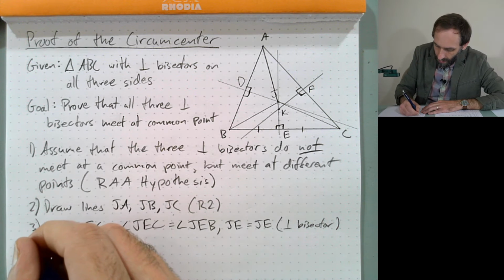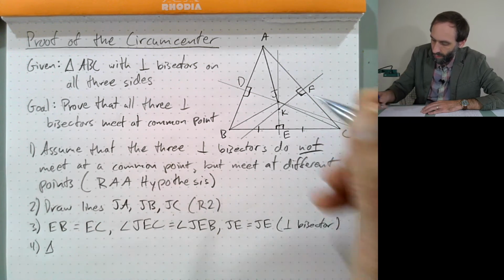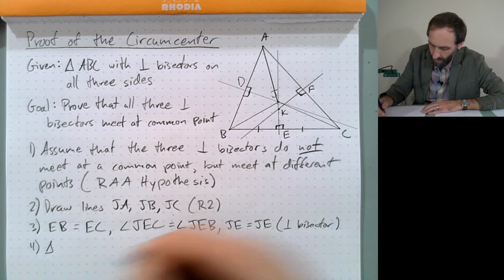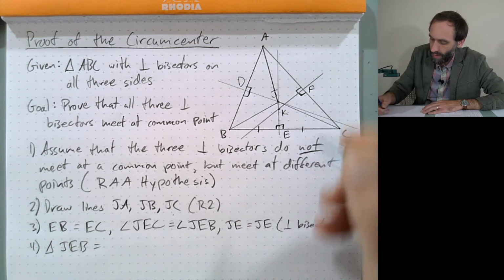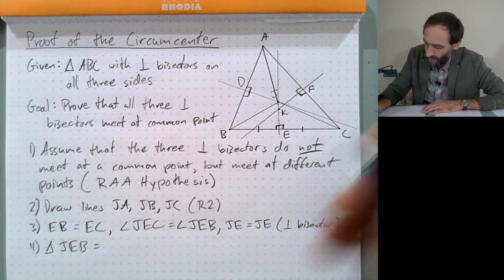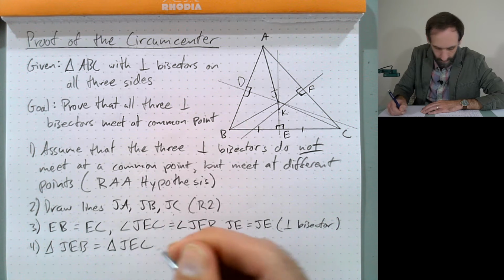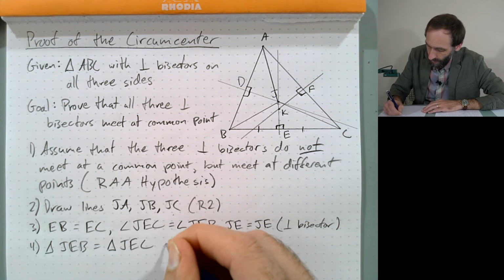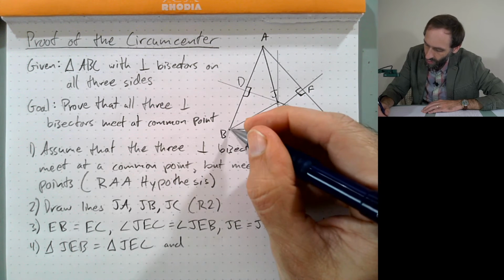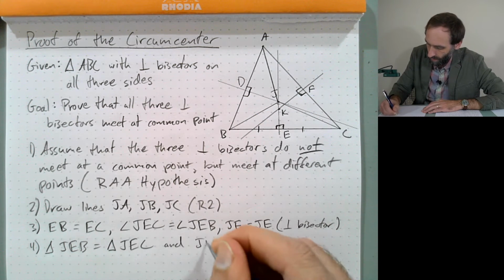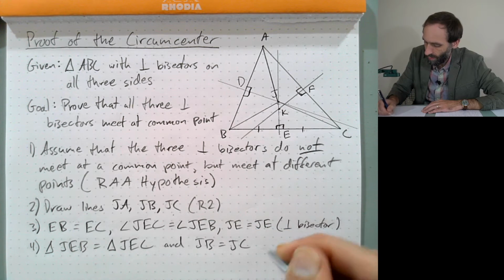Okay, well then we can say, step 4, that the triangle JEB is equal to the triangle JEC, and since those two triangles are equal, the length JB is equal to the length JC.